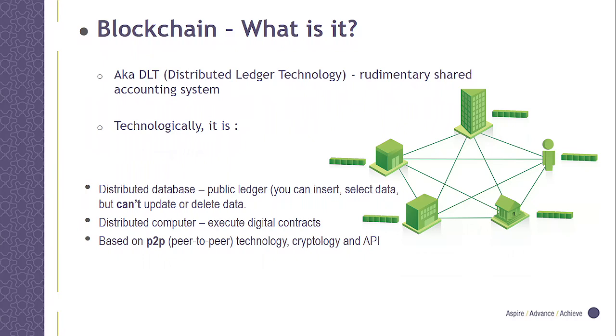One advantage of a peer-to-peer network is that it gives a particular computer, or rather a node, the opportunity to be either a client or a server. So any computer can perform these functions, and that is what adds to the advantages of a blockchain.